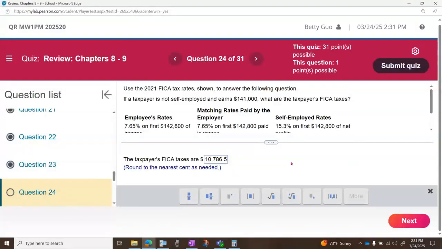So the FICA is 10 grand, $786.50. Round to the nearest cent as needed. Just like that.